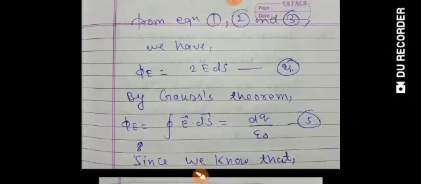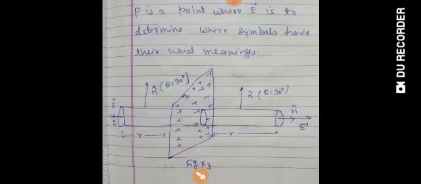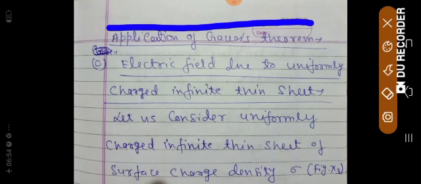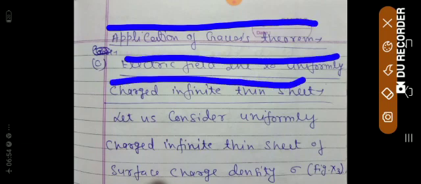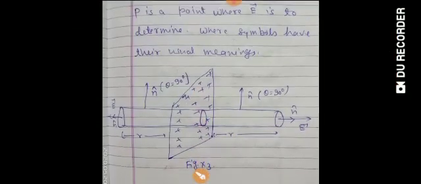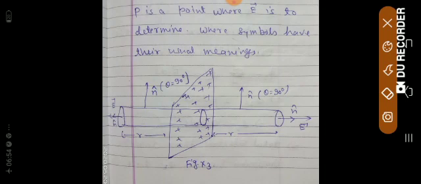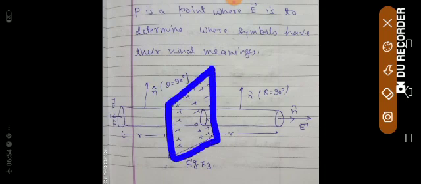So I am going to tell you where we started. Yes, student, we started from the application of Gauss theorem, electric field due to a uniformly charged infinite thin sheet. Then I told you about the diagram. This is the infinite plane sheet.